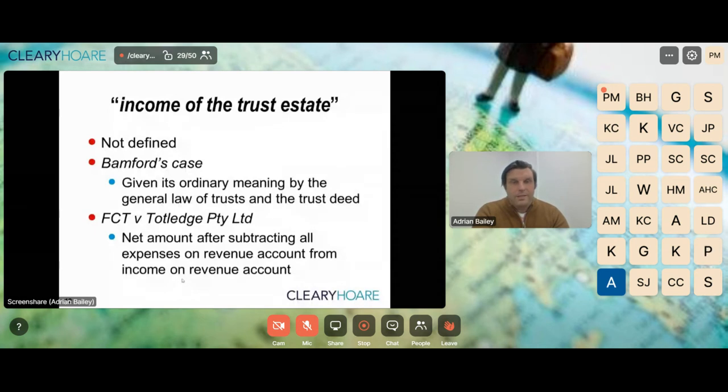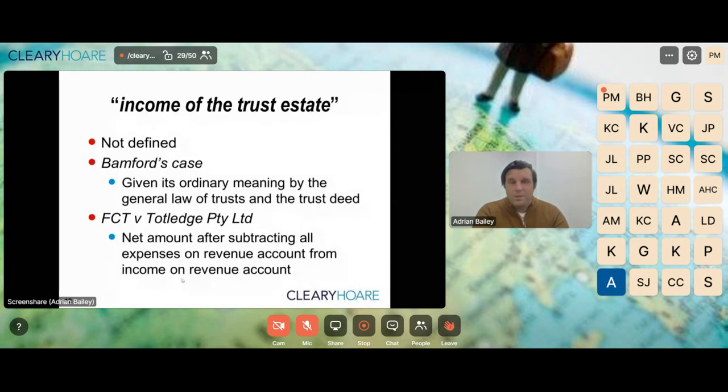Totledge's case tells us that it's the net amount after subtracting all expenses on revenue account from income on revenue account. But again, you'll hear that we often say this, and we never get sick of saying it: you do need to read the deed, because the deed will tell you what income is in accordance with the trust, or should do. Some deeds don't.